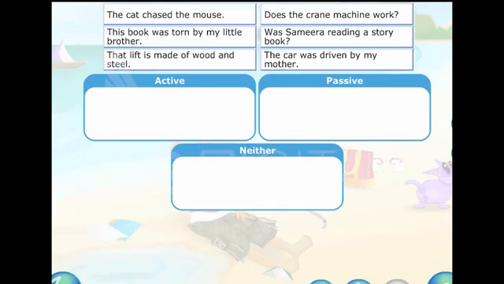Some of these sentences are in the active voice, some in the passive, and some in neither the active nor passive voice.